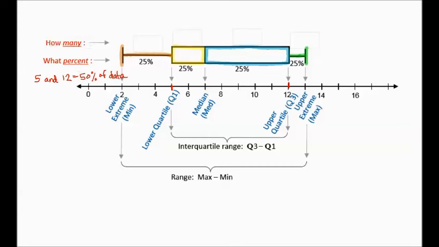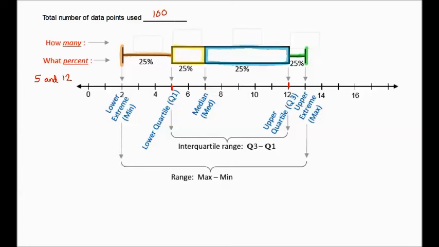If they ask you how many data points were used between, say, the same 5 and 12, you would need to go back and look up in the instructions part of the problem. Somewhere along the instructions, information will be given about the total number of data points used to create that particular box and whisker plot. Let's say that for this particular example, 100 data points were used.